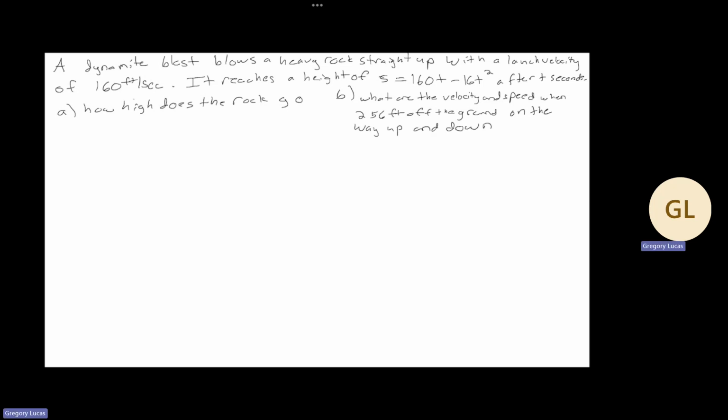So it'll reach 256 twice, when we shoot it up and then when it falls down. C, we want to know the acceleration at time t. And then when does the rock hit the ground?